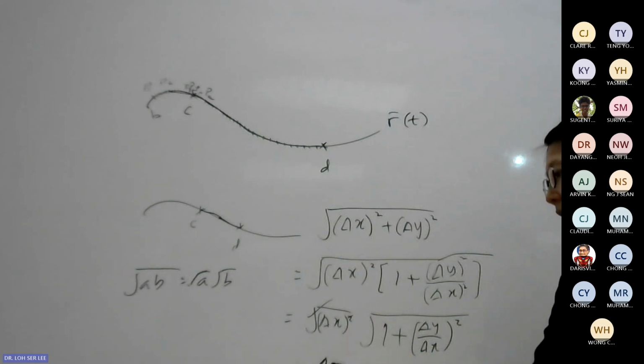So this is how we get 1 plus delta y over delta x, squared.